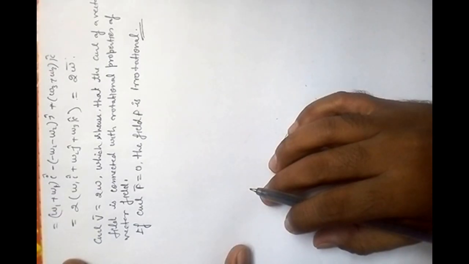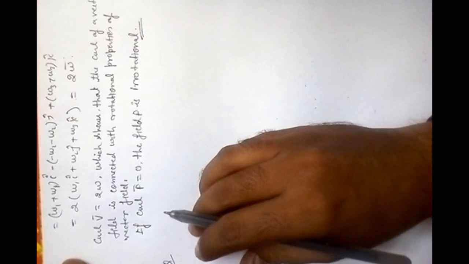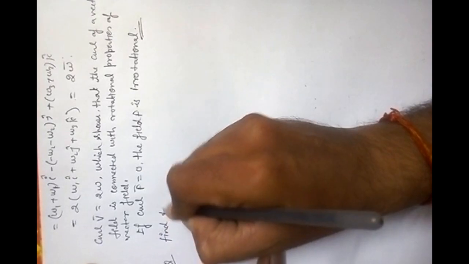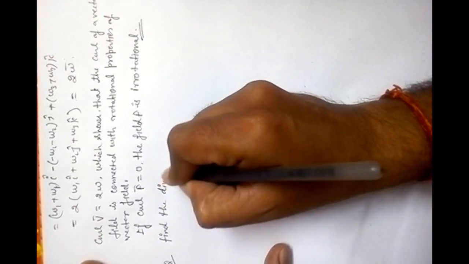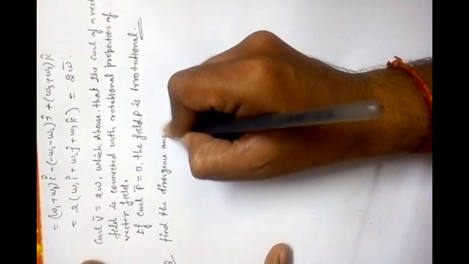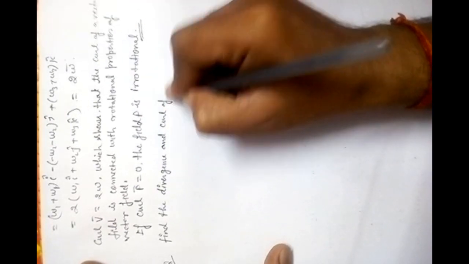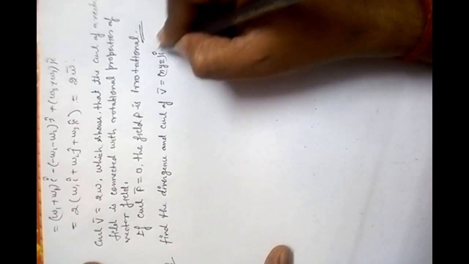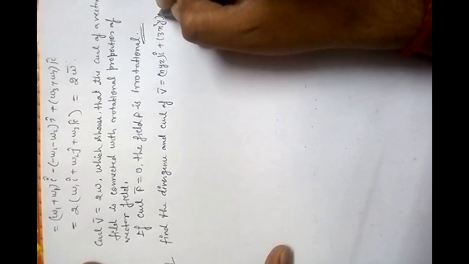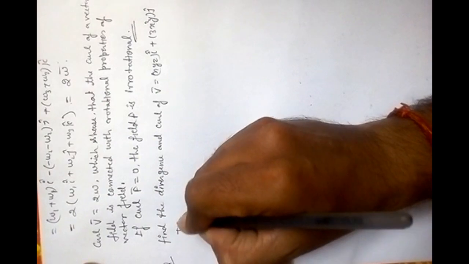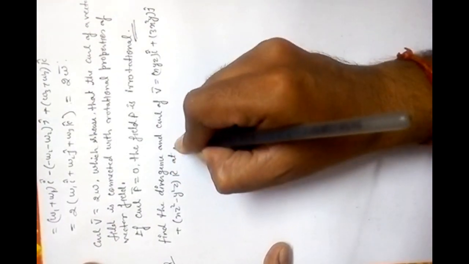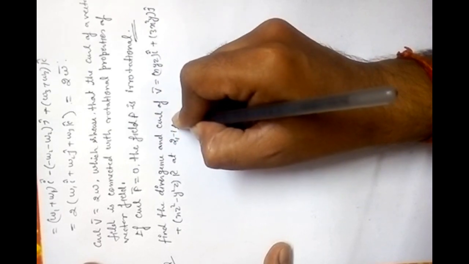Okay, next question is: find the divergence and curl of vector v equal to xyz of i plus 3x square y of j plus (x z square minus y square z) of k at the point (2, minus 1, 1).